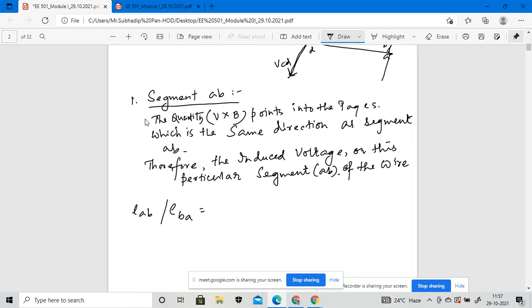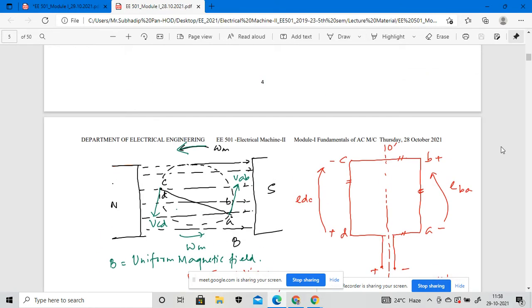That means the induced voltage in the segment AB. So what will be my E of AB? That will be V into B into L. L is actually nothing but the length of the conductor, the length of the wire.